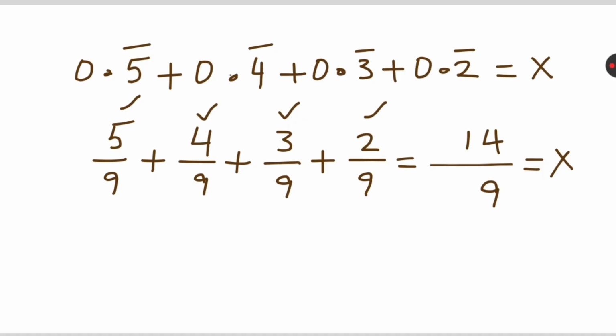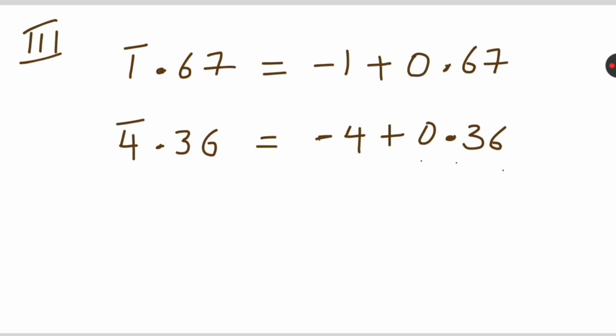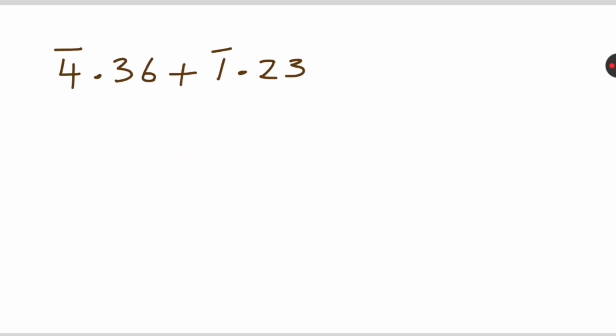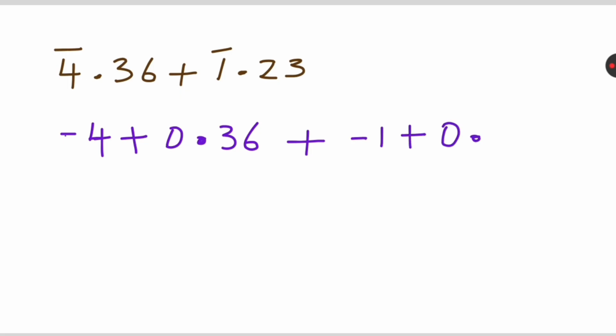Let's take one more. 4 bar 0.36 plus 1 bar 0.23. So this is type 3, isn't it? So 1 bar 0.67, how can you write? -1 plus 0.67. Same like that, 4 bar we can write as -4 plus 0.36, plus 1 bar 0.23, we can represent as -1 plus 0.23.